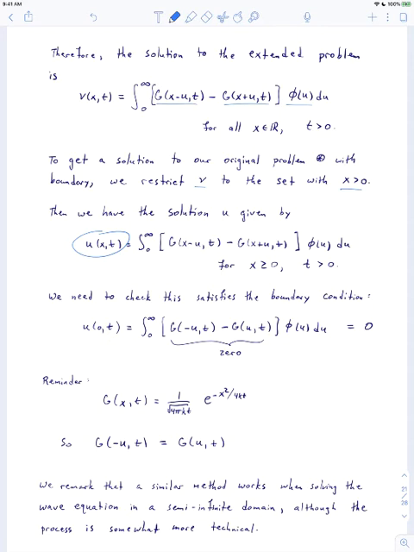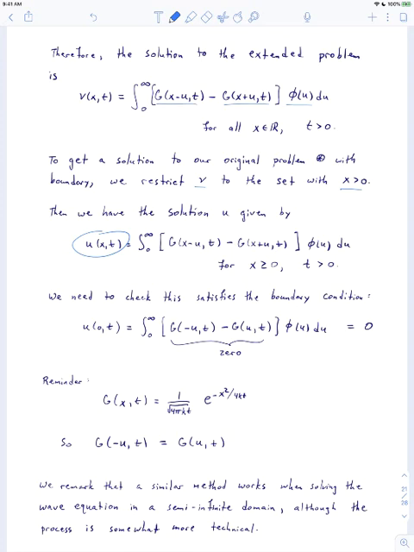So now we have a solution to our initial value problem, but we do need to check and make sure that it actually is a solution to the boundary problem as well. That is to say, we want to make sure that it satisfies the boundary condition that we've imposed. Remember that we just imposed on the boundary that the temperature was a constant 0. So you need to just check that u at 0 comma t is equal to 0 for all t.